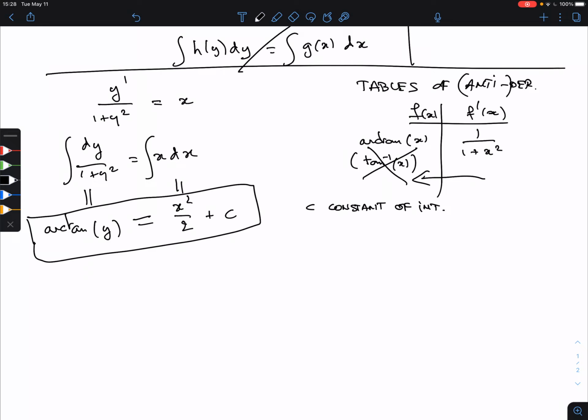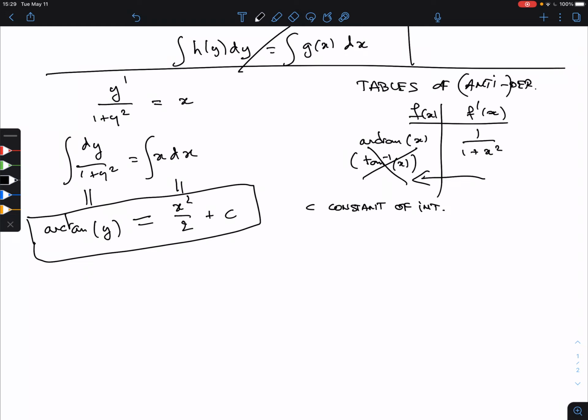Okay, that's the solution. But again, this is in implicit form because it's not solved for y. And there will be moments that we cannot do this anymore, but this is a time where we still can do it. Because arctangent is the inverse of tangent, what does that mean? This is a fancy way of saying they cancel each other out.